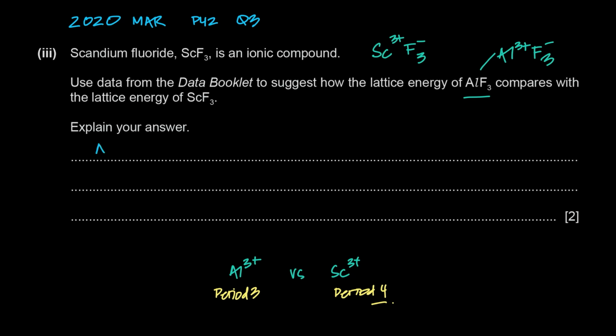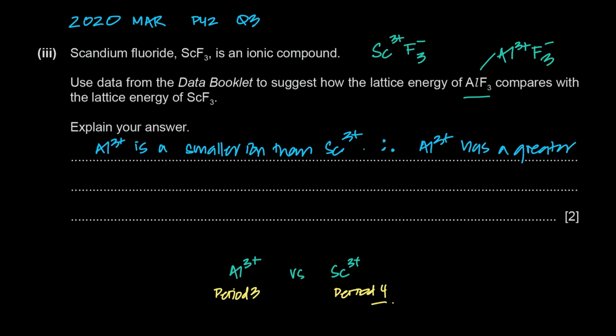So you'd say that Al3 plus is a smaller ion than scandium 3 plus. Therefore, Al3 plus has a greater charge density.